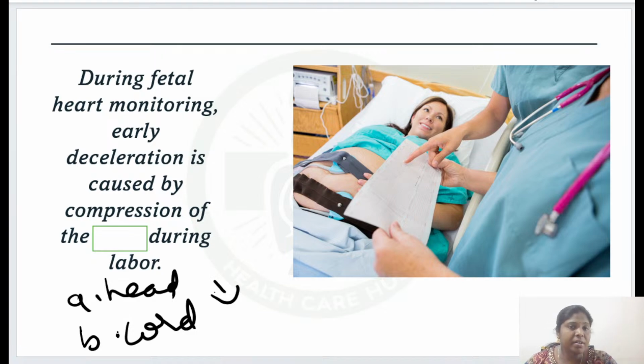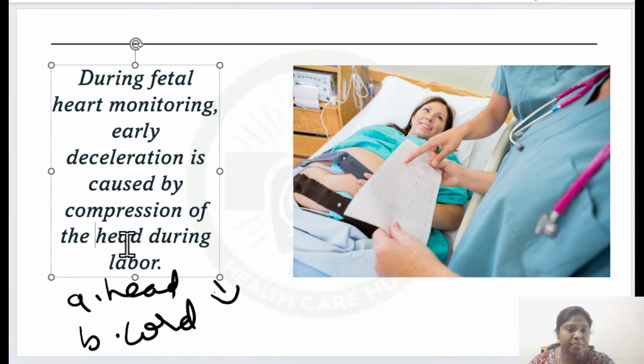It is mainly due to compression of the fetal head during the labor, not the cord.